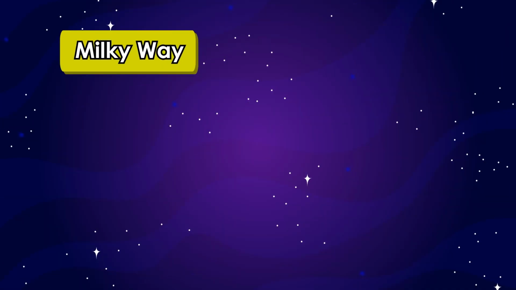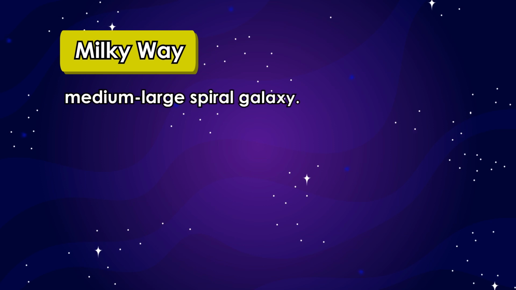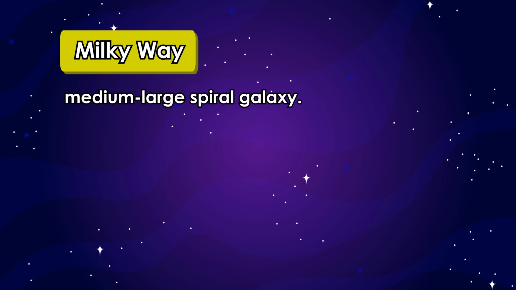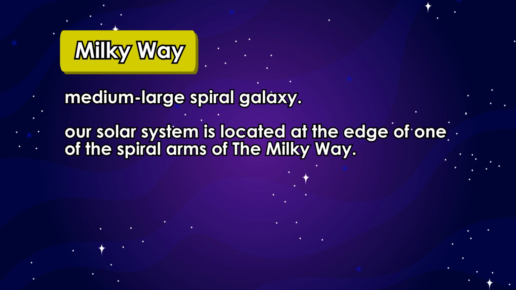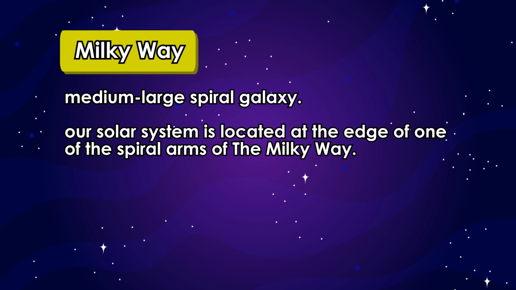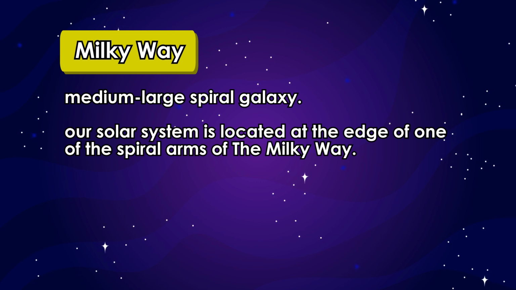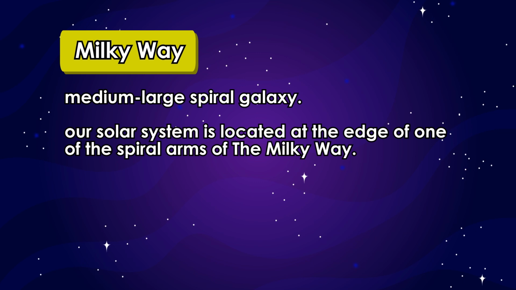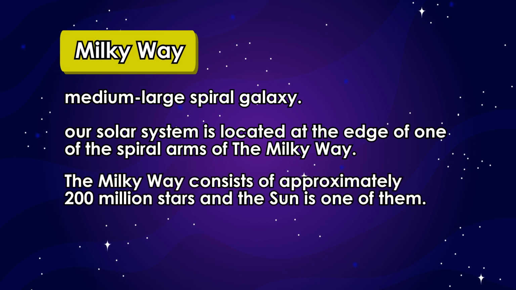The Milky Way galaxy is a medium-large spiral galaxy. Our solar system is located at the edge of one of the spiral arms of the Milky Way. The Milky Way consists of approximately 200 million stars, and the Sun is one of them.